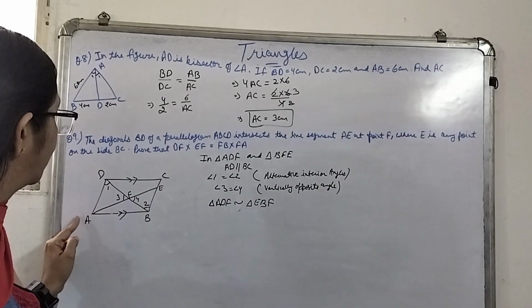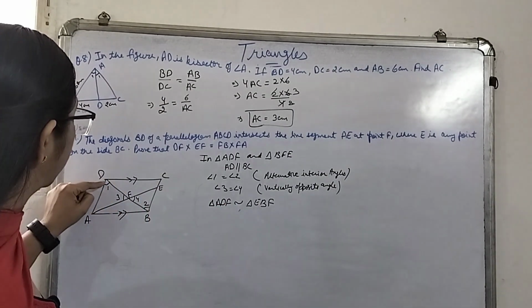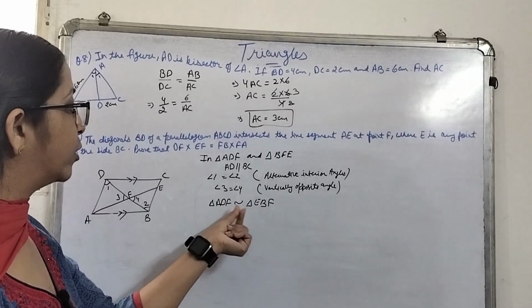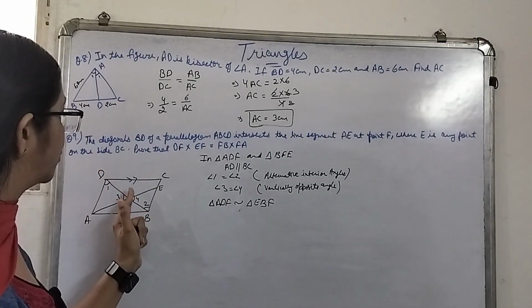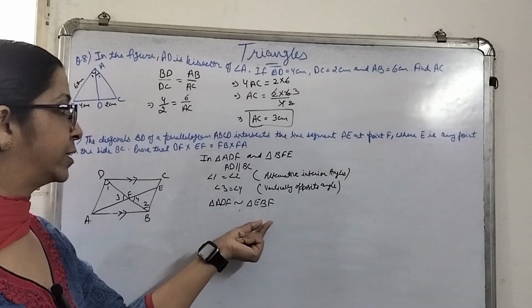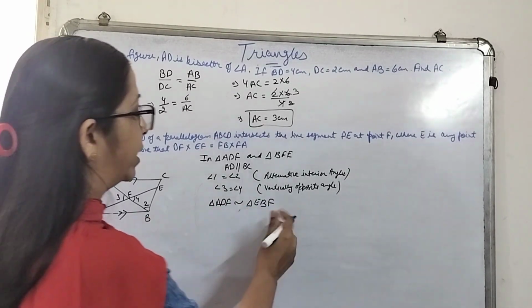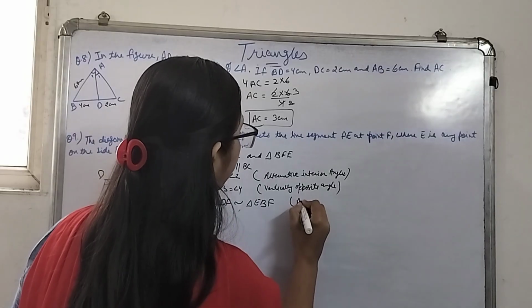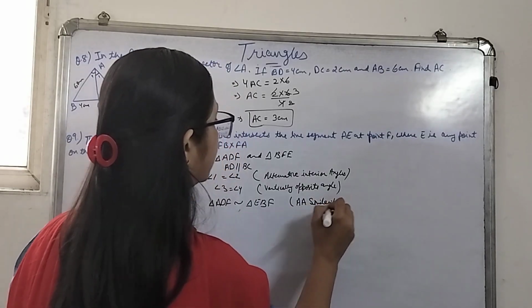A corresponds to E, D corresponds to B because this angle is equal to this angle, and F corresponds to F. That simply means triangle ADF is similar to triangle EBF by AA similarity.